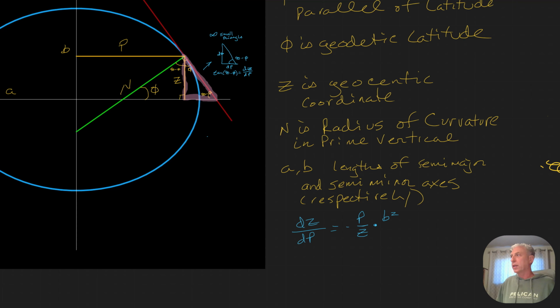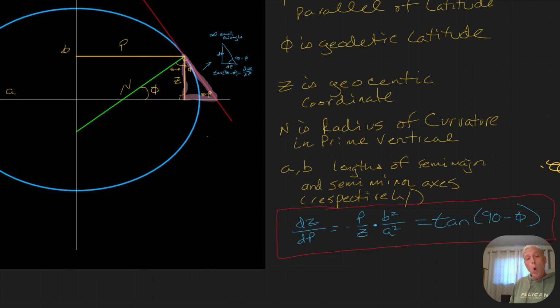That comes directly from the derivation we did. All I did was separate the b squared over a squared. And that equals the tangent of 90 minus the latitude, phi. So put that in your notes, have it off to the side that you can refer to, because we're going to be playing with that a bit.